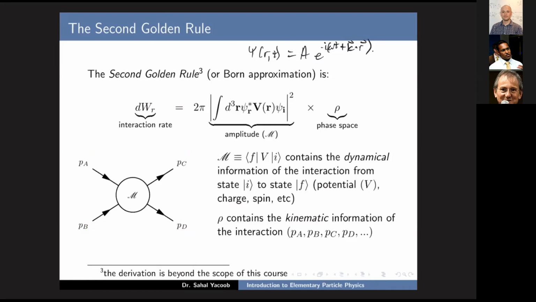In this case, this is just a little pictogram to show us two incoming particles with 4-momentum PA and PB. Something happens that's allowed by the physics, and we have 2 outgoing particles with 4-momentum PC and PD.